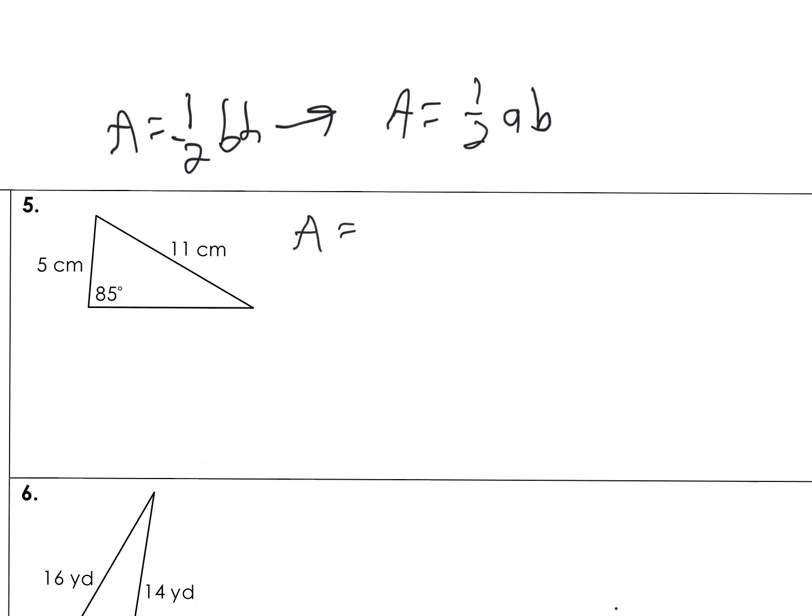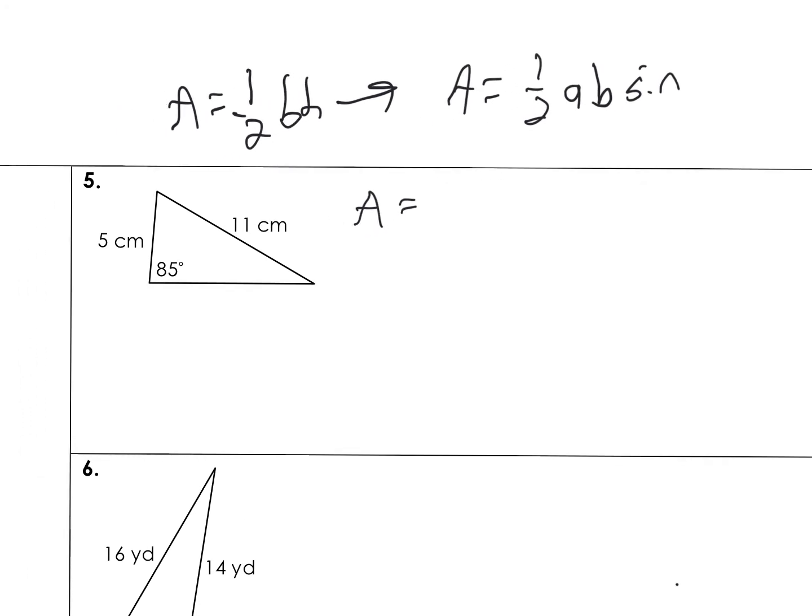Now, if you look at what the included angle would have to be, if this was side A and this was side B, this would have to be side C. So this would have to be angle C. So sine of C, A, B, C. The whole alphabet's in there. So the secret is I need two sides that include an angle. Once you have that, you're good to go.